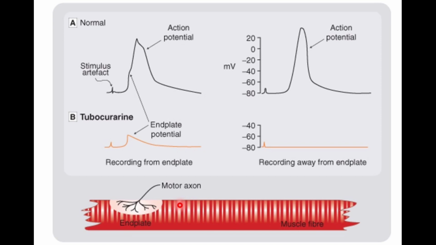If the end plate potential no longer crosses the threshold of excitability, neuromuscular transmission will fail. The effect on fast twitch and slow twitch fibers is similar. Unlike succinylcholine, there is no fasciculation or muscle pain.